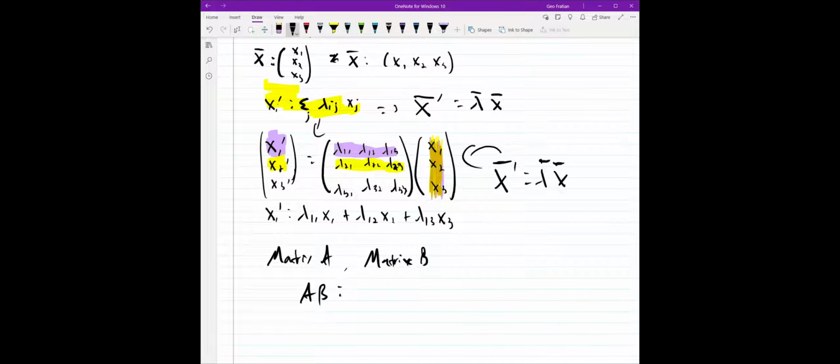So let's say AB is equal to C. And then Cij, the individual components of C, where remember I refers to row, J refers to column, is equal to the product AB ij. So I want C11, so C11 is equal to A times B 11, which is just equal to the sum over K of A ik, B kj.